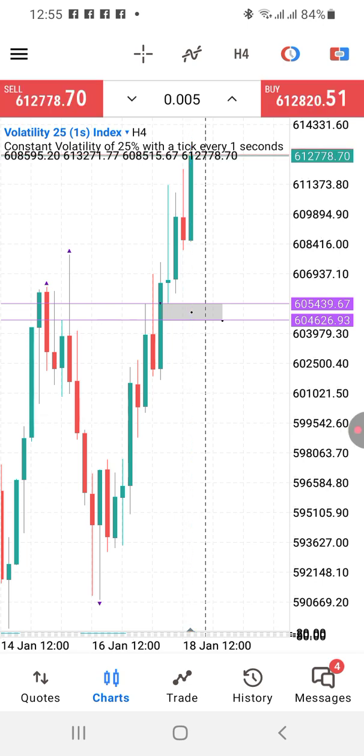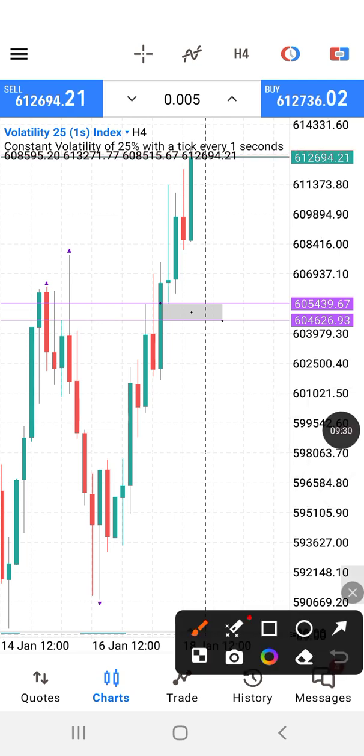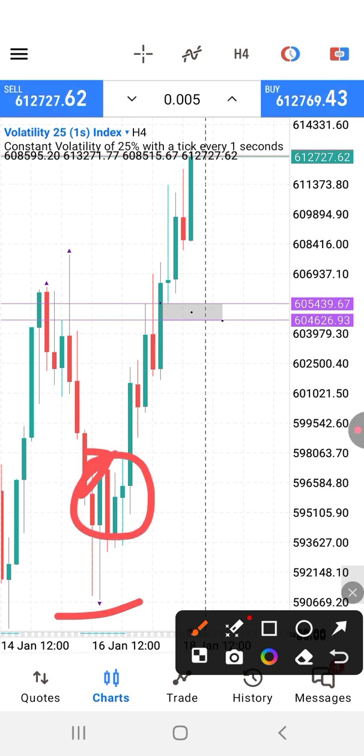Right here we have the lowest low, then we have a base candle, then another base candle and another base candle.